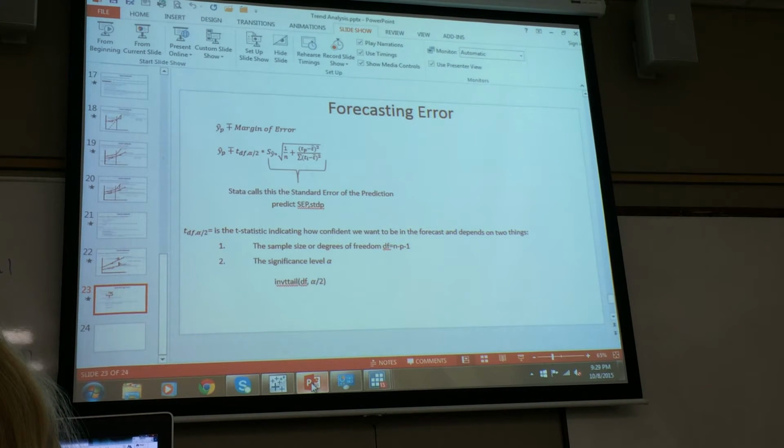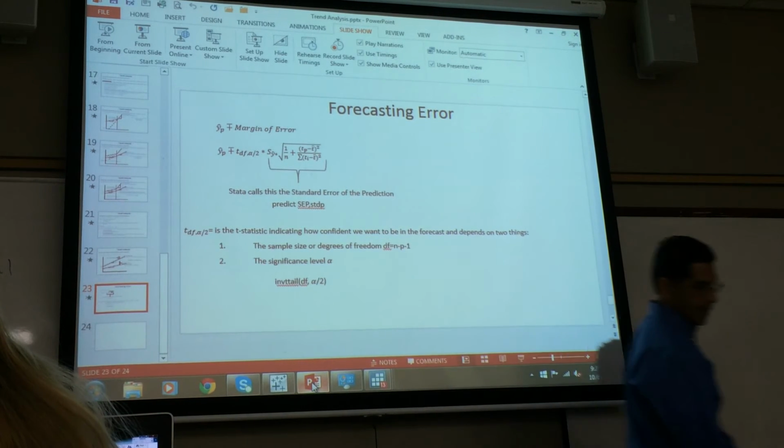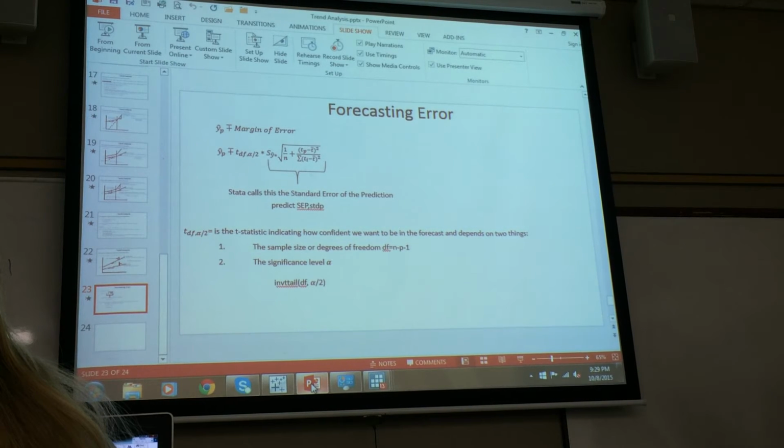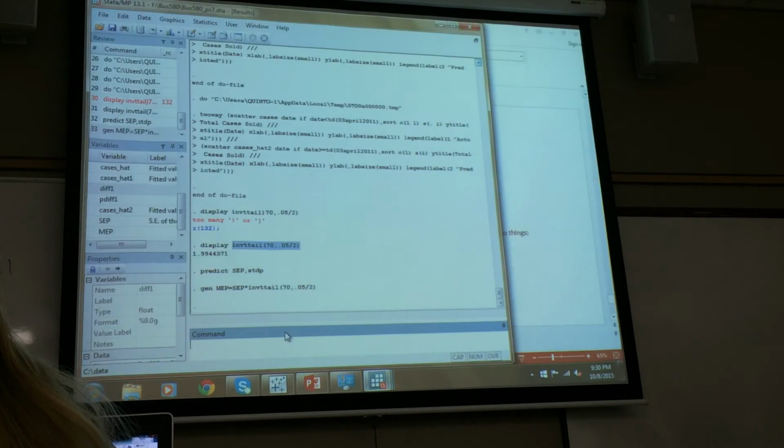So we add our margin of error to our predicted value to give us an upper limit on our forecast. We subtract it from our predicted value to give us a lower limit of our predicted value. More math. But Stata does the math. Believe me, it's going to be worth it.